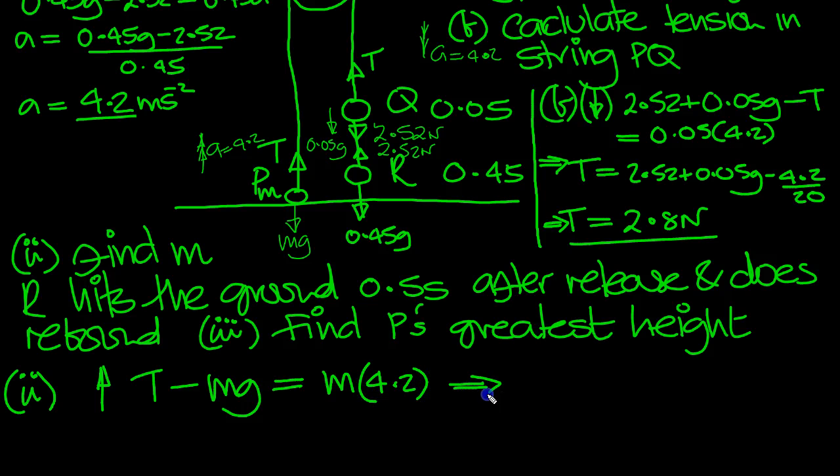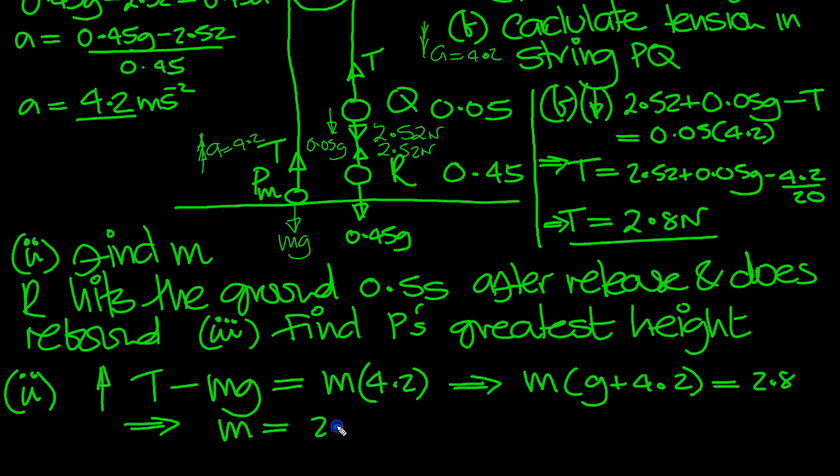So that tells us, if we move the mg over, there's an m common, so put the m outside a bracket, so it's m times (g plus 4.2), is equal to the tension, which we know is 2.8. So that tells us what m is. It's 2.8 divided by (g plus 4.2).